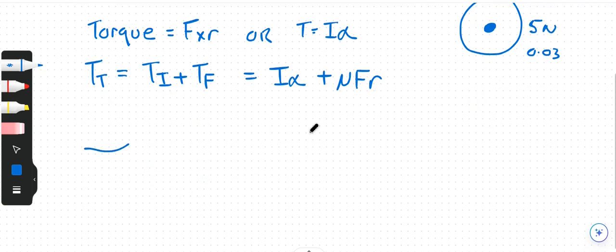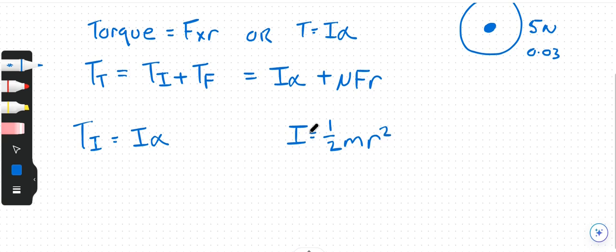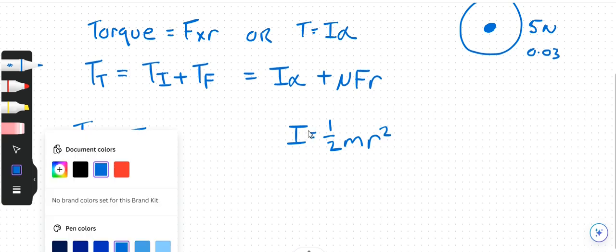We'll do the torque to overcome inertia first. Torque to overcome inertia, TI, is inertia times angular acceleration. Now, it's a flywheel, so the inertia of a flywheel is a half times the mass of the flywheel times the radius squared.